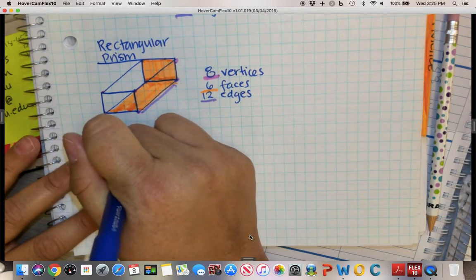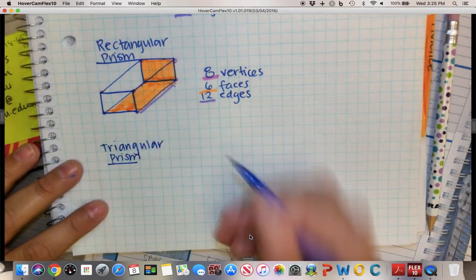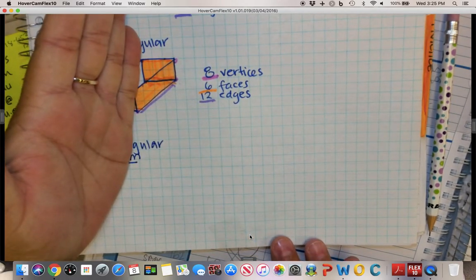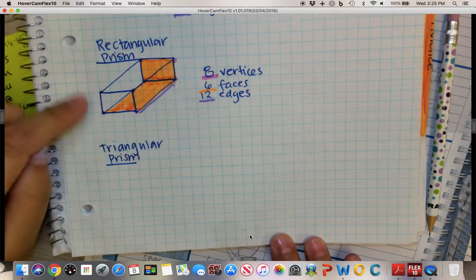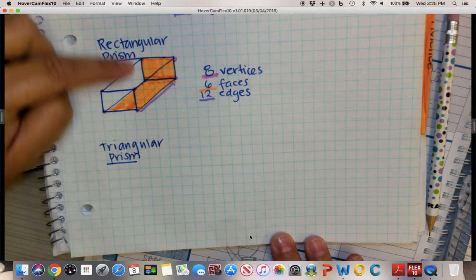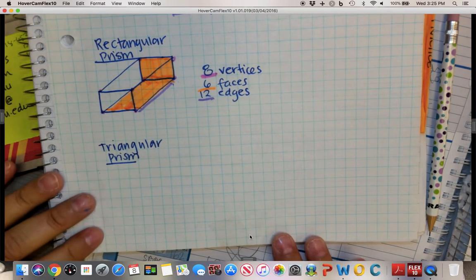Triangular prism is basically just half of a rectangular prism. So if I were to cut this rectangle in half, I would have a triangular prism. And they're a little bit harder to draw, but we can still do it.